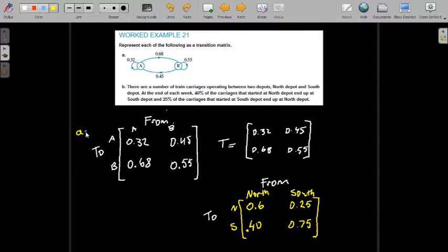So that was part A, that's part B. And that's it. So that's my transition matrix.